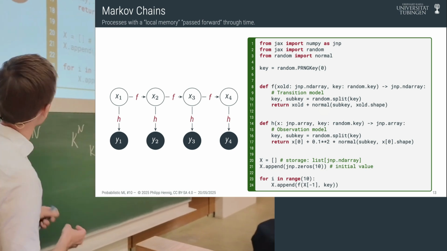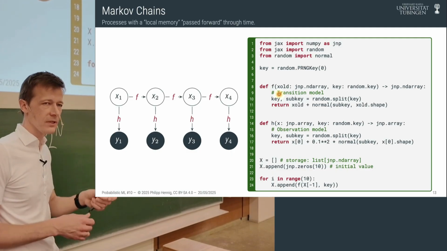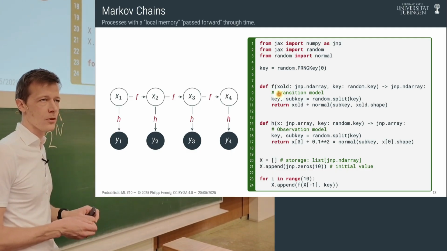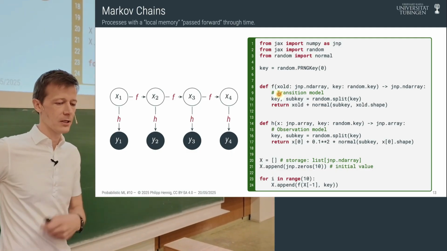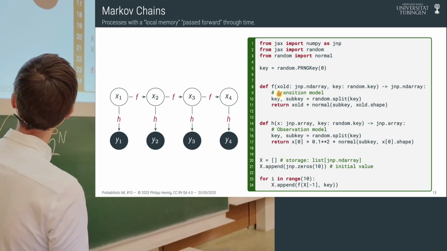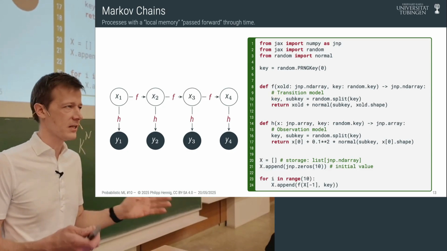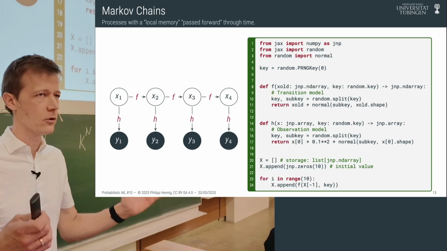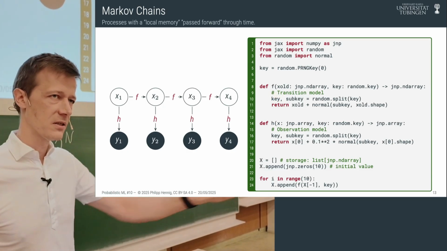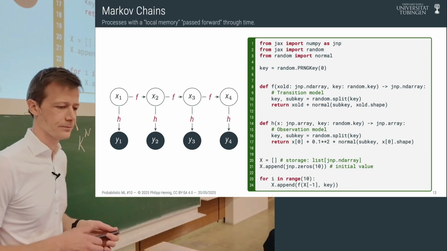The important thing is that this function depends as an input only on its direct predecessor, not on everything in the past, but only its direct predecessor. That's the first thing that we need to think about. This is called a transition model, this f. And the notation f is canonical, so I'm going to keep calling it f, because everyone in this subfield, which is, by the way, also called signal processing, uses this notation f.